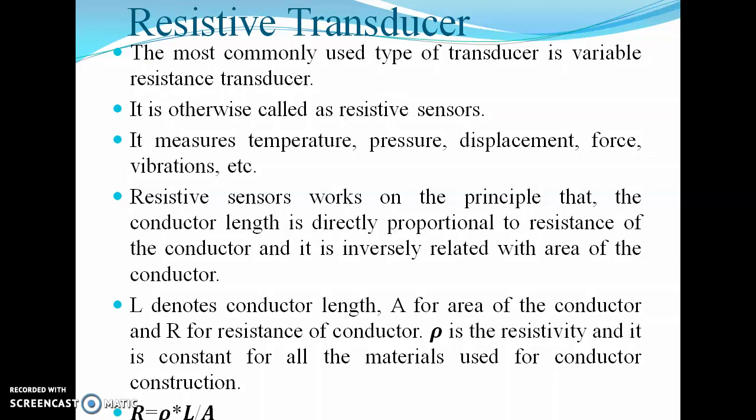The resistance can be given as R equal to rho multiplied by L divided by A, where R is the resistance of the conductor, L is the conductor length, A is the area of the conductor and rho is the resistivity, and it is constant for all the material that is used for conductor construction, right?